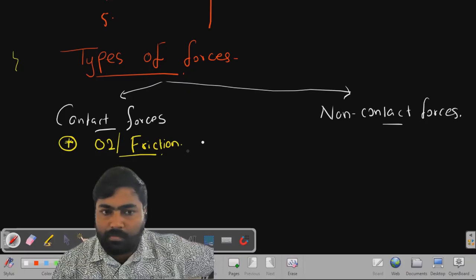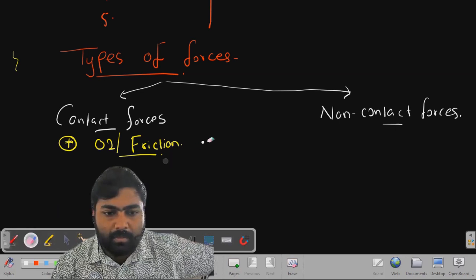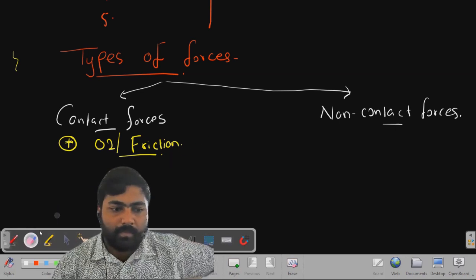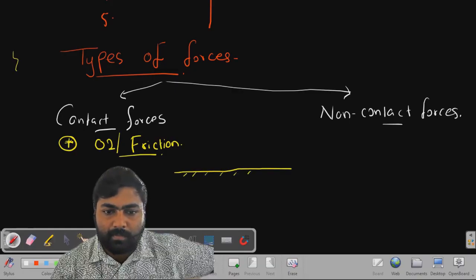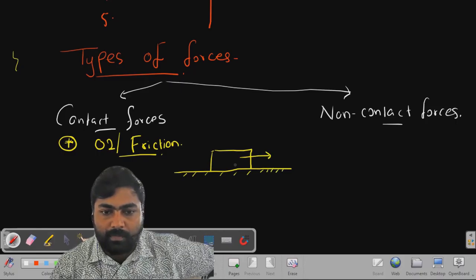Okay. Friction means, think like this is a surface and you kept an object on that surface. Then you try to drag this one on the surface. So what happened?